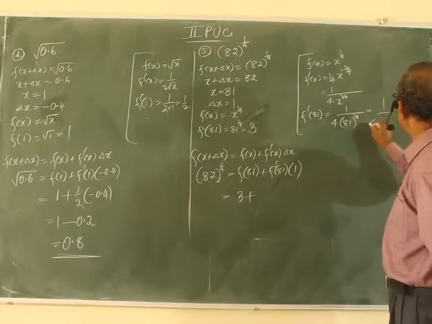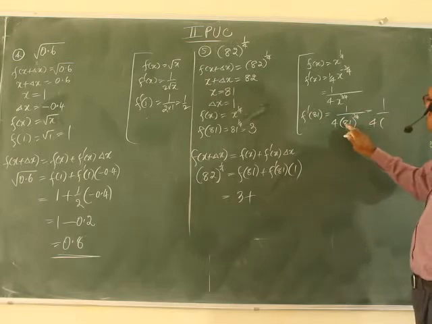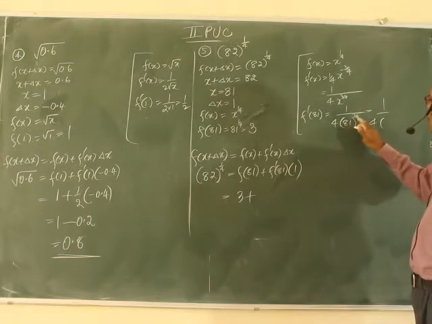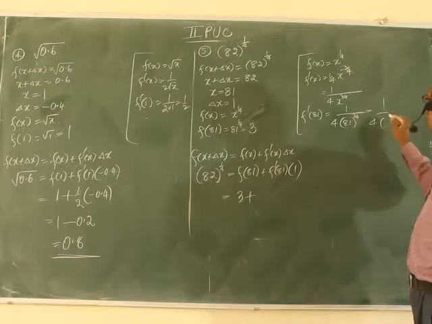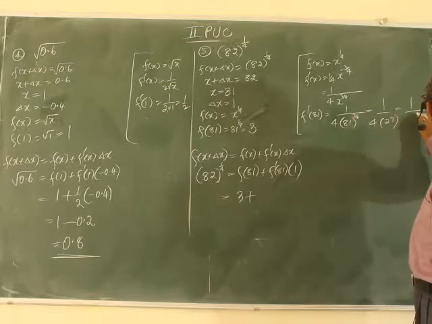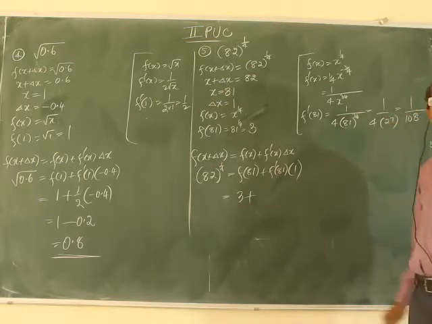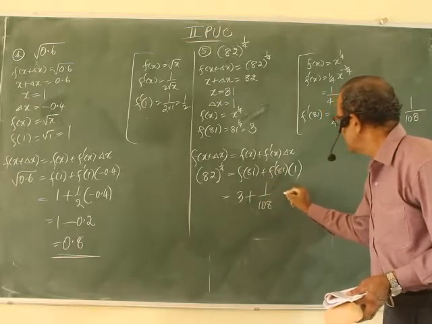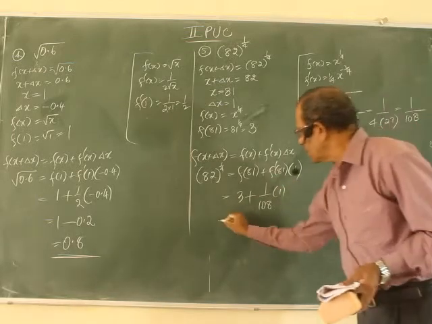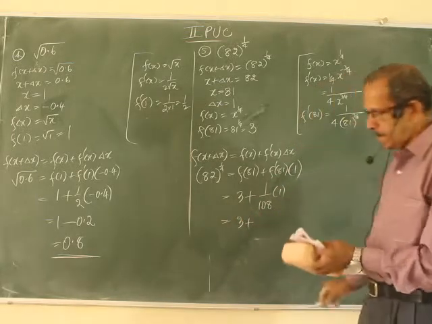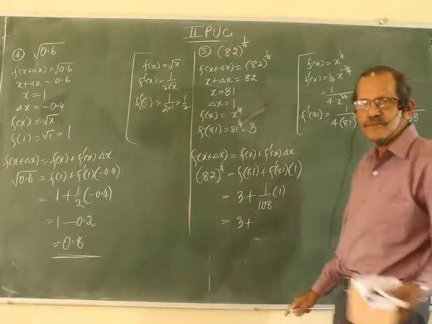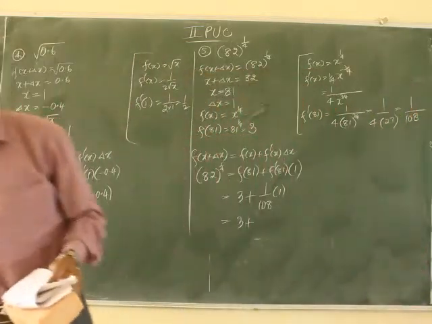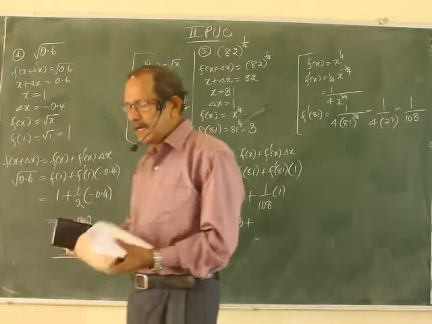Or it is 1 by 4 into, first take the 4th root of 81, that is known, 3, cube 27, so it is 1 by 108. 1 by 108. Come back to this: 1 by 108 into 1, or 3 plus 1 by 108. Calculate 1 by 108.